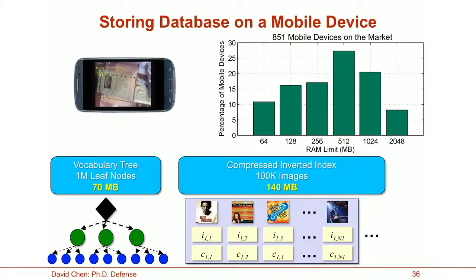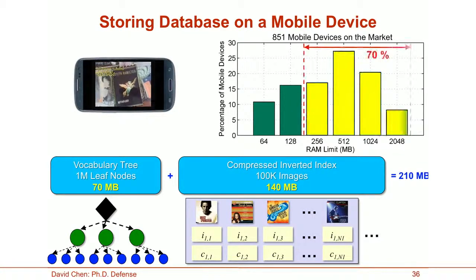Then additionally, a compressed inverted index will require around 140 megabytes for a database of 100,000 images. The sum of these two will be 210 megabytes. The good news is about 70% of the devices on the market can already support this scheme, and this situation will only improve over time as devices gain more memory capacity.